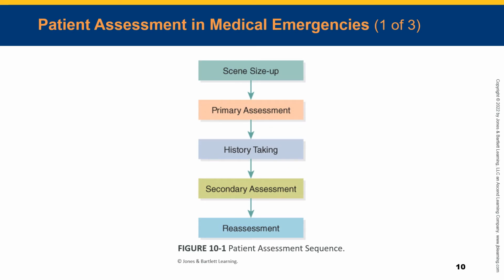If you recall in Chapter 9, we talked about patient assessment in medical emergencies, and just to remind you of the steps and the order in which they are to be taken. You have your scene size up first, then your primary assessment, then history taking, then your secondary assessment, and reassessment.